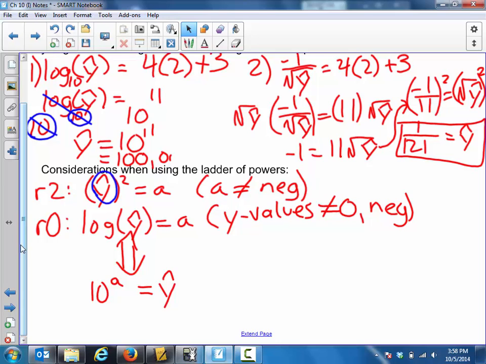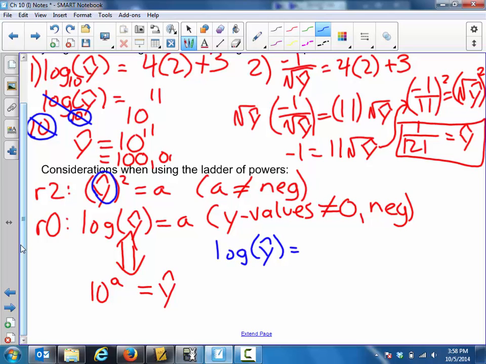So what does that mean you do? If your y values in the data are negative, add some constant to them. Let's say you had found log of y hat equals 4x plus 3, using what we've seen above.